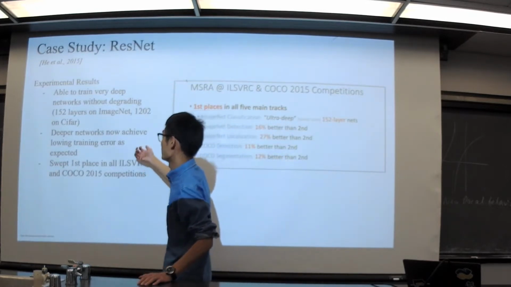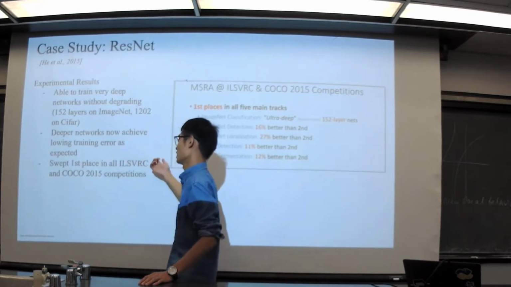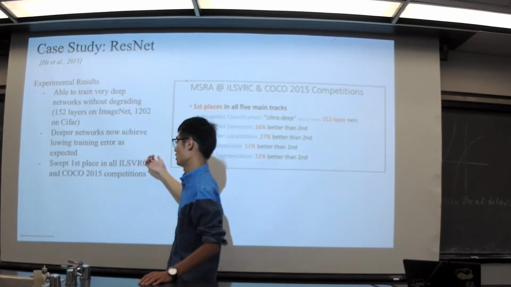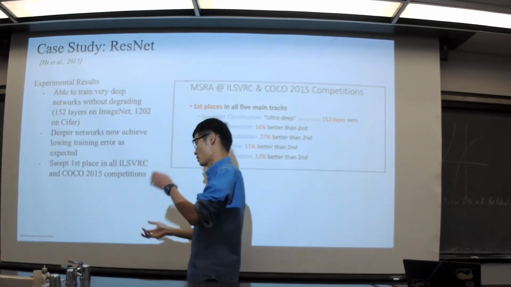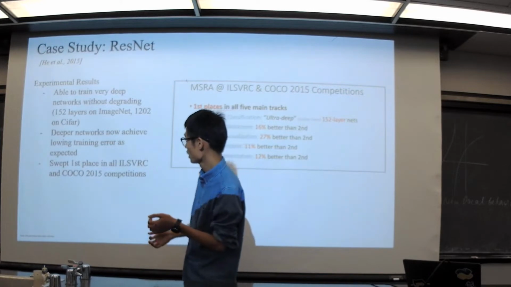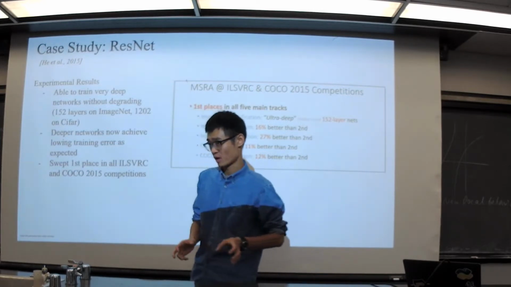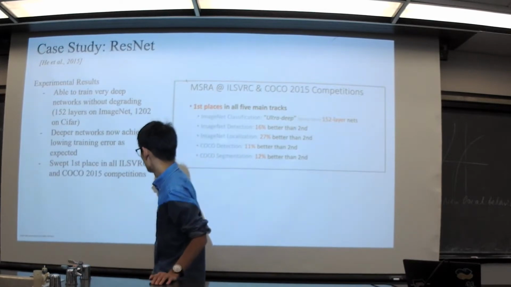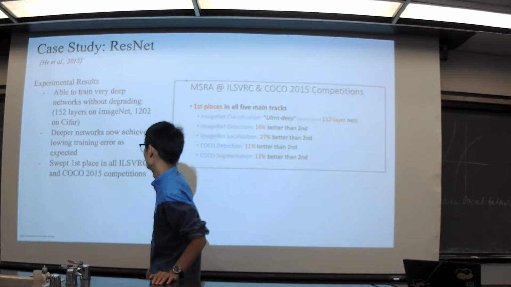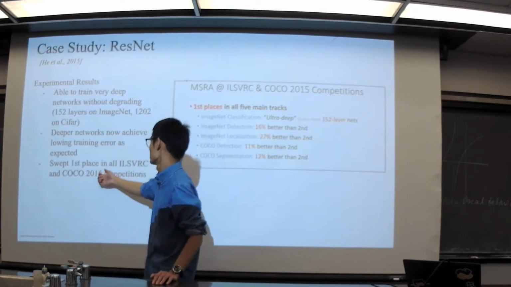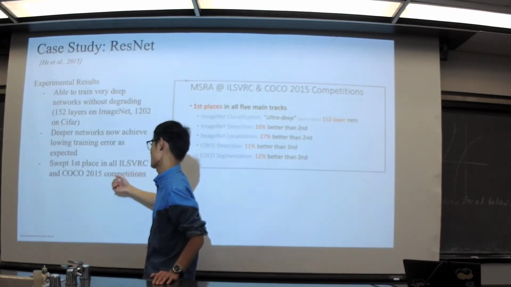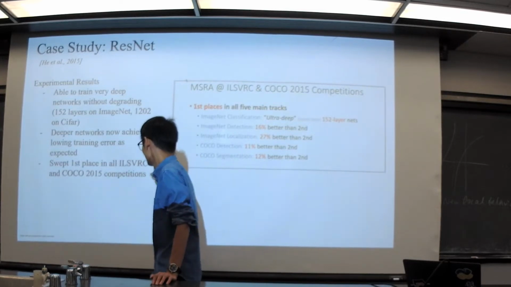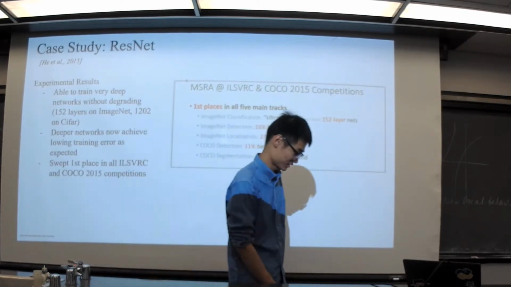But now it has better performance, so we can see deeper networks have more parameters. Once we can use all of these parameters, we should have better performance. It becomes top in all of ImageNet and MS COCO 2015 computations.